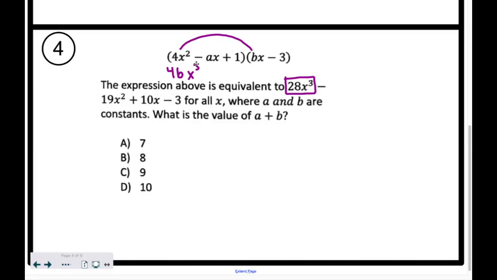There are six multiplications I would do, but I'm trying not to do all of them, so I'm starting with the very first one. That tells me b has to equal 7, because 7 times 4 is 28, and it's the only way I'm going to get 28x cubed. That's how I get 7 without doing a lot of work.